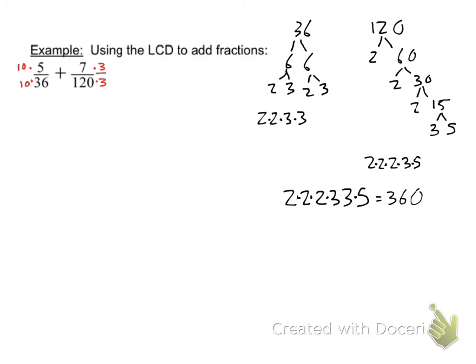And so, 10 times 5, 50 over 360 plus 21 over 360. And you end up with an answer of 71 over 360. Am I done? Well, if it were reduced, then it'd be fine, right? So, 71, I don't think there are too many factors of 71. So, there we go.